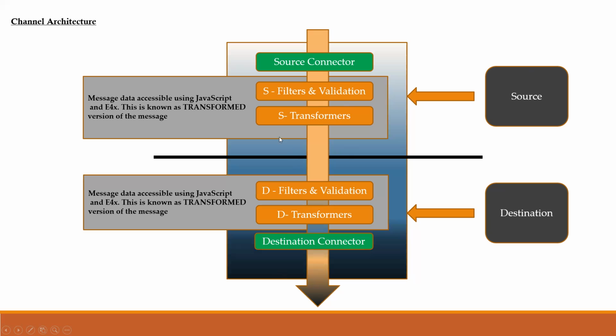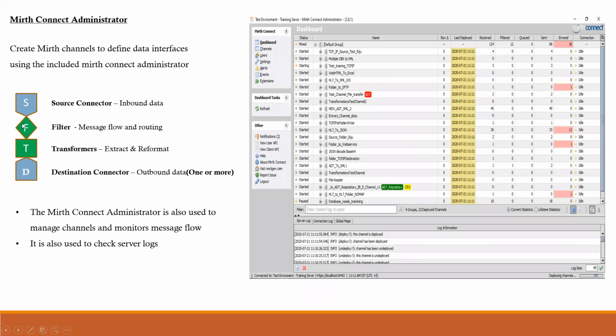As I just said, we have two components within every channel, the source component and the destination component. The source component will have a source connector where it receives the data, and then it will pass the data to source filters and source transformers. In our previous slide, I told you that there is a middle layer which has filters and transformers.